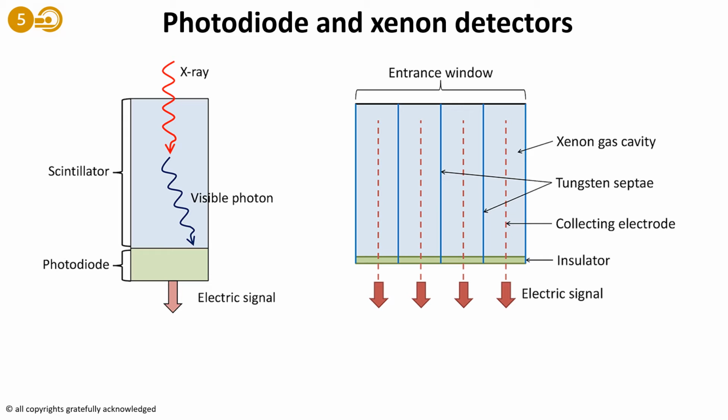And because there's a voltage difference between the blue tungsten septi and the dotted red collecting electrode, you get the ions migrating down as an electrical signal coming out of the bottom. But the interesting word there is multiple. You get more electrons out than you put photons in, and that's extremely useful in getting your low noise, being able to amplify the signal electronically without introducing noise.